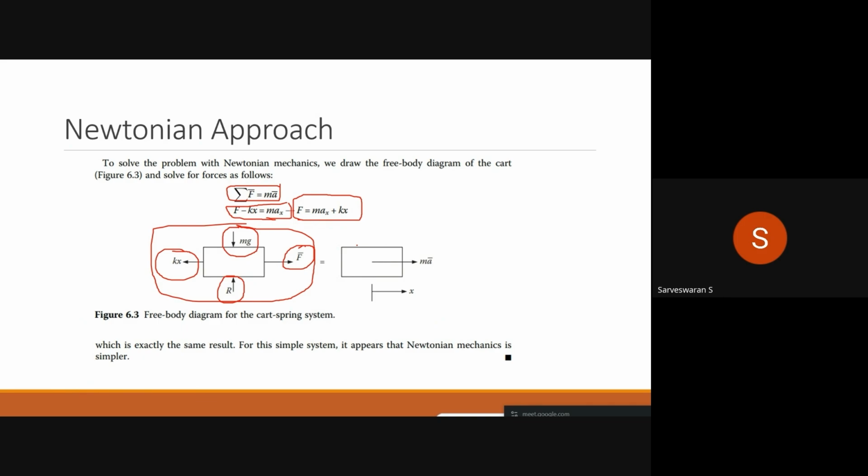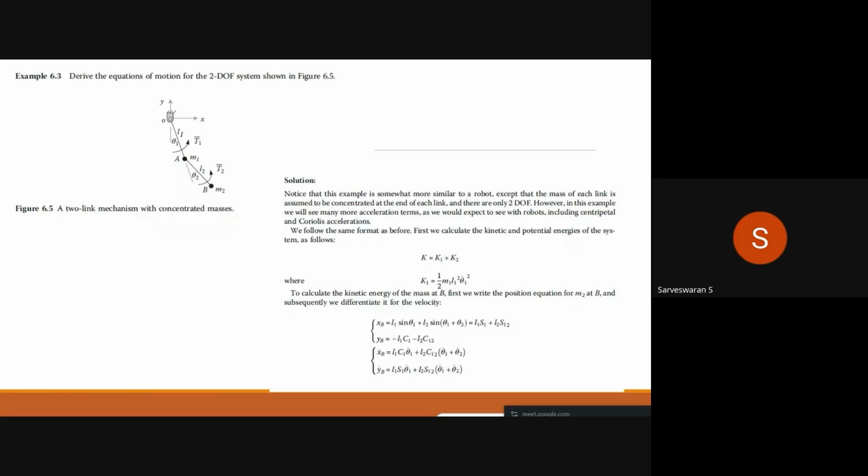We can either solve using a Newtonian approach or a Lagrangian approach. Both will provide you the same answer. For the higher DOFs in our syllabus, we are going for this Lagrangian approach for solving our problems. So this is the important derivation which you will be asked in your end semester examinations.